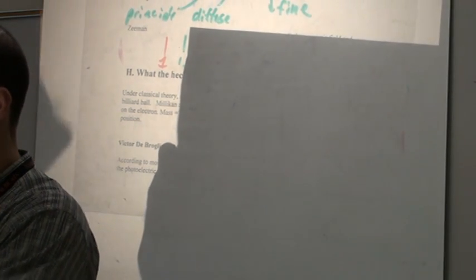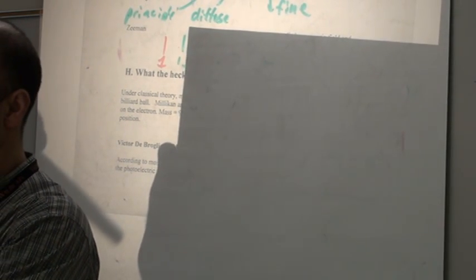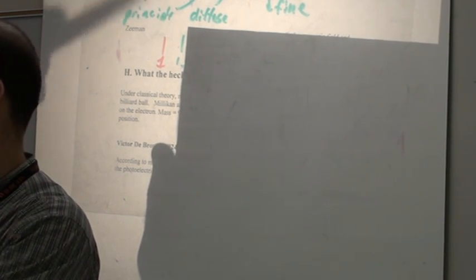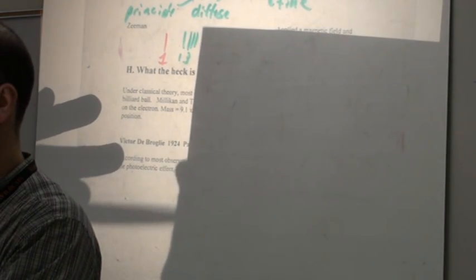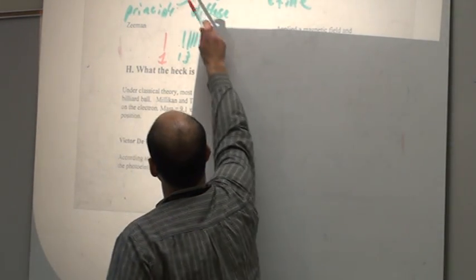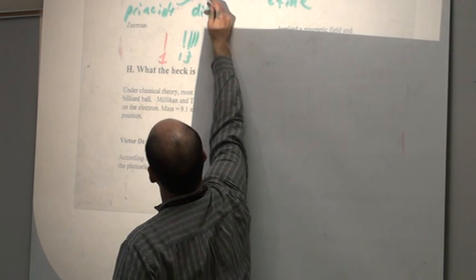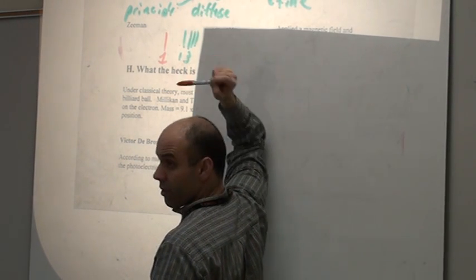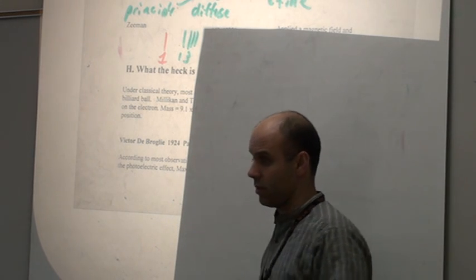Actually, I should say the S line stayed as a single line. The principal line split into 3. So the sharp line stayed as a single line, but the principal line split into 3 lines.